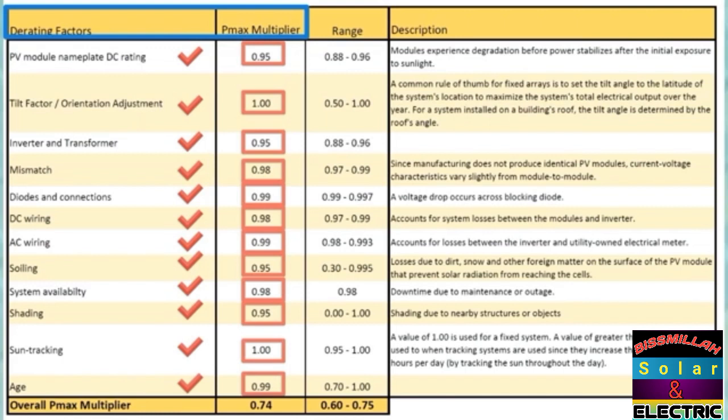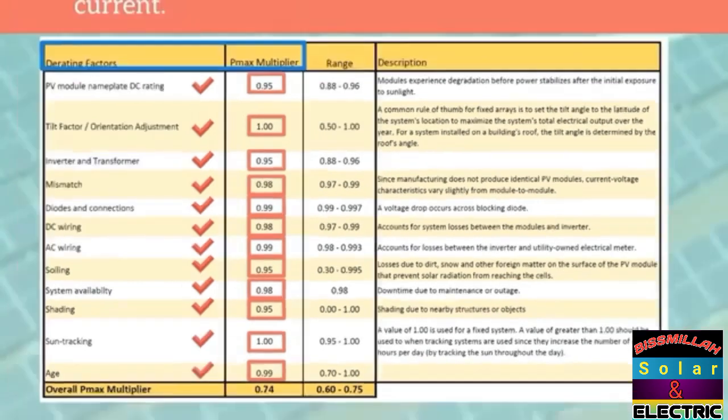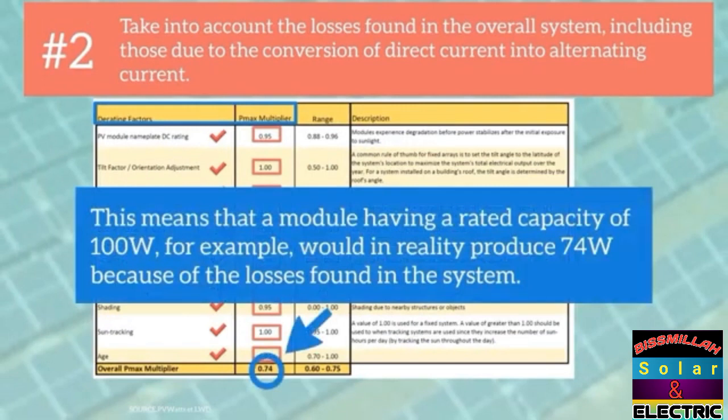Multiplying all of these derating factors together, we obtain an overall Pmax multiplier of 0.74. This means that a module having a rated capacity of 100 watts, for example, would in reality produce 74 watts because of the losses found in the system.